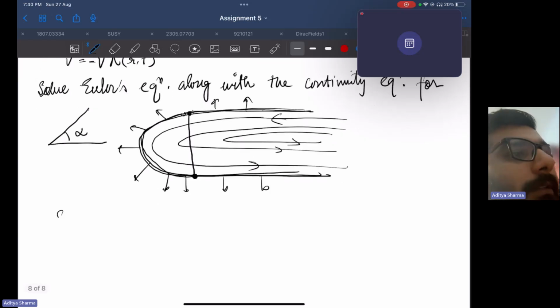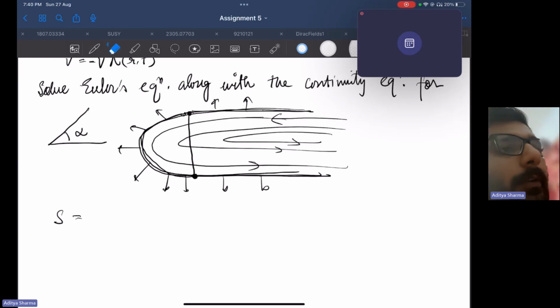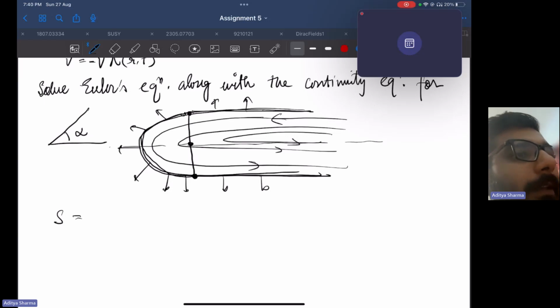The surface is determined by, so this is our origin. Then r, and the radius is 1.